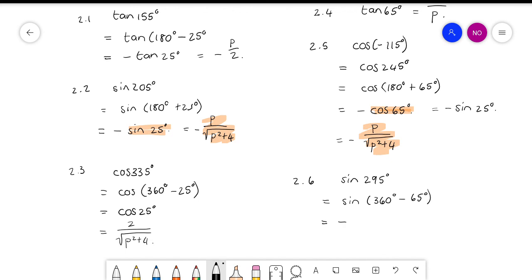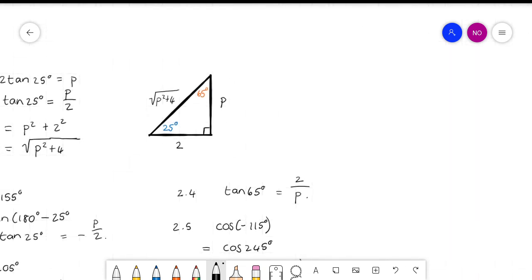So we've got negative sine of 65, which is equal to negative, is it 2 over, gaan net gou hierdie check. So ons werk met die 65 grade, oorstaande is nou 2, so opposite is 2, and the hypotenuse is root of what?